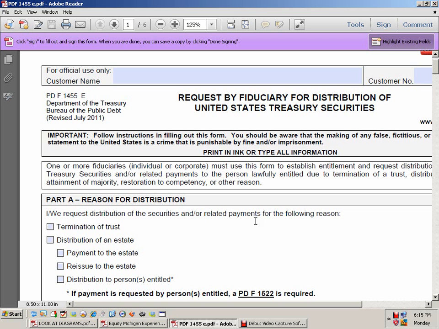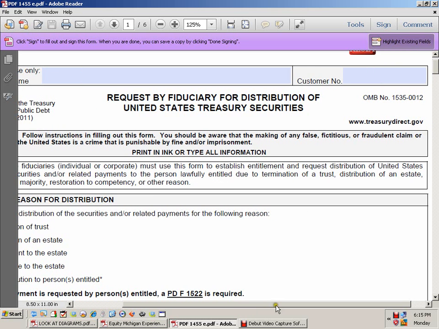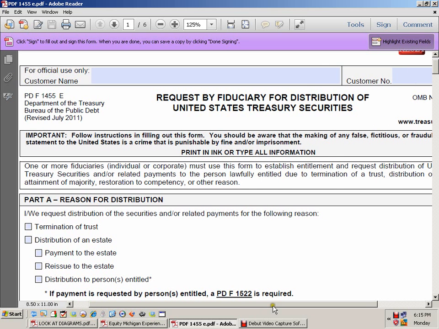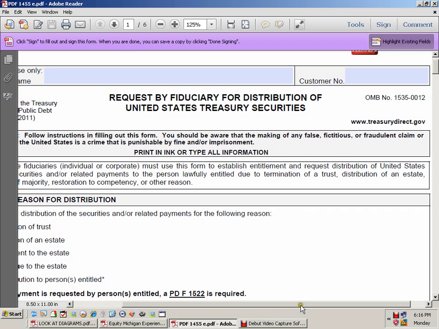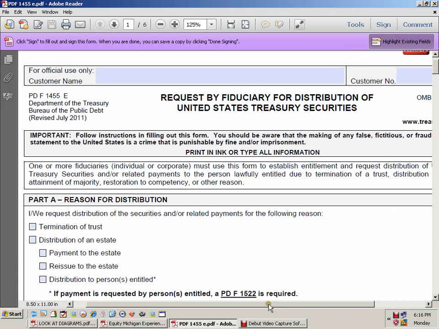One or more fiduciaries, either an individual or corporate, must use this form to establish entitlement and request distribution of United States Treasury securities and or related payments to the person lawfully entitled due to termination of trust, distribution of an estate, attainment of majority, restoration of competency, or other reason.